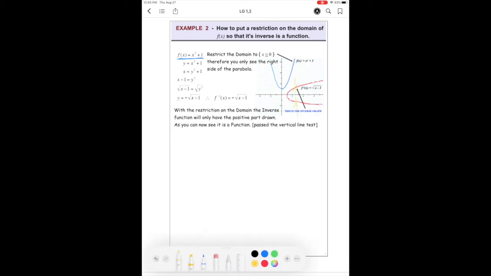So what I want to do is just quickly restrict the domain. I just take this half off, and what happens is when I inverse it, I only get this piece here. I don't get the bottom piece. So therefore, it has passed the test.